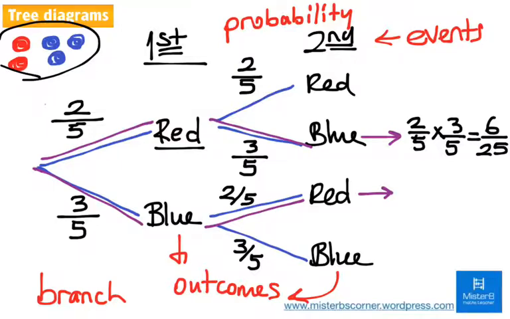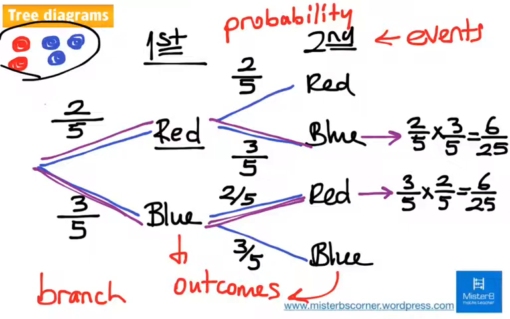Or it's going to be blue and red, so I have to write these down. It's going to be 3/5 times 2/5, and basically it's going to be 6/25 again. So we end up with the same probability. So having the order changed does not change the probability itself in this case. So basically, just because we don't know whether it's red and blue or blue and red, I have to consider both.